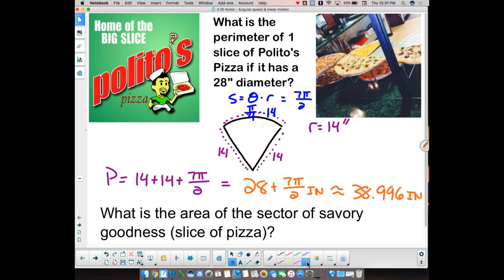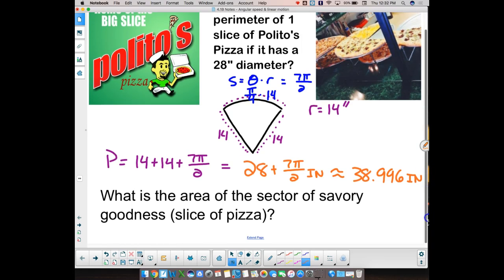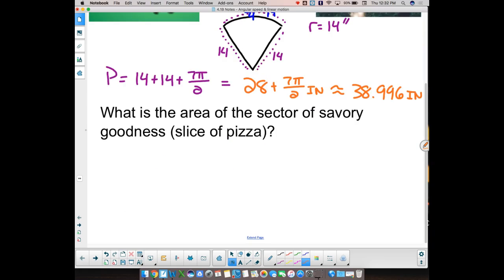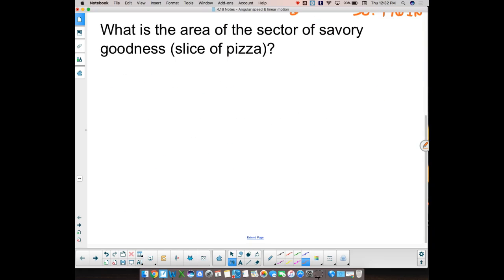Then it asked, what is the surface area of this sector of savory pizza? Pizza pie. Huh? Well, the area of a circle is pi r squared. So the area of my entire pizza is going to be pi times 14 squared, or 196 pi.